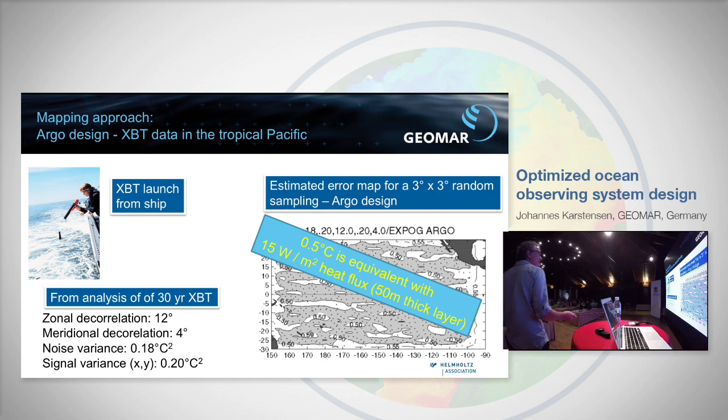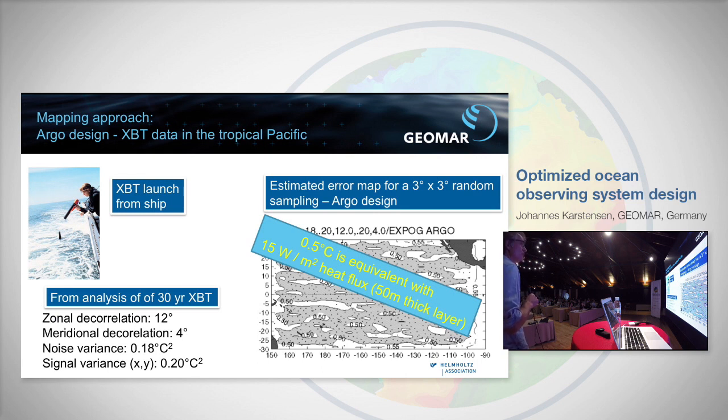This now is a hypothetical error map from a randomly distributed array of profilers with the same decorrelation scales and noise variances. What you can see is, of course, if you put a lot of these profilers in here, the error is always more or less below 0.5 degrees. That's good.